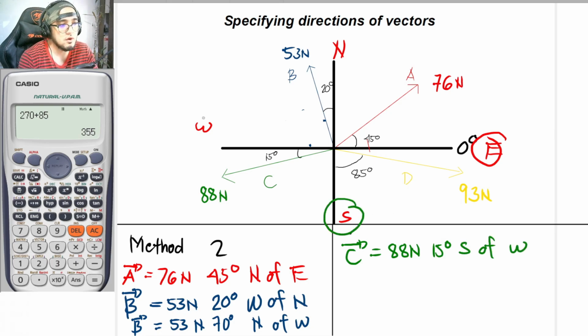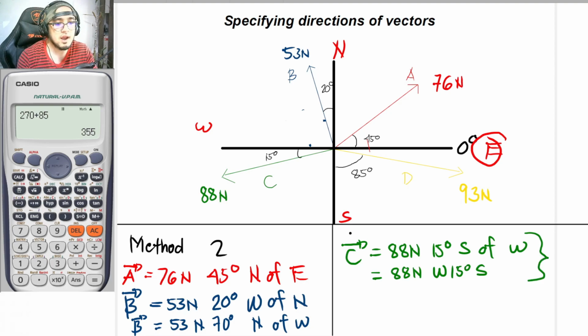So south of west. Or you can also write it like this. So 88 newtons from west, 15 degrees going towards the south. So W 15 degrees south. So both of these are actually the same and they are equivalent. Though if you can notice, it is reversed, no? So S of W and here W angle S. Okay, so do not get confused there.